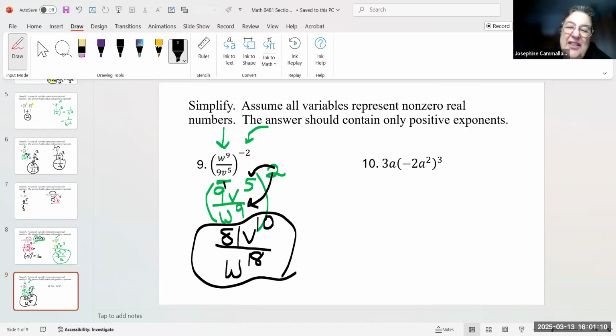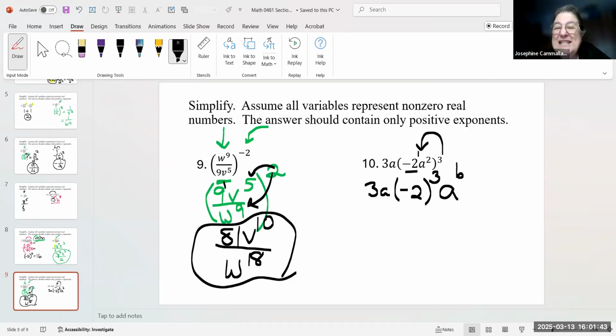Now, this 3 is only pertaining to what's inside the parentheses. It has nothing to do with 3a. Now, that means -2 to the power of 1, piggyback rule, -2 cubed. Now the a is multiplying. 3 times 2 is 6.